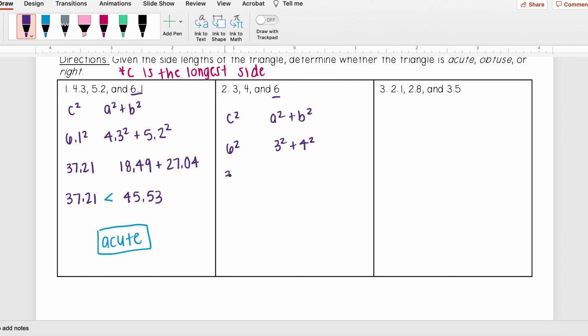Well, 6 squared I get 36, 3 squared I get 9, 4 squared I get 16, 9 plus 16 I get 25. So here I see that c squared is bigger than a squared plus b squared. And then from my theorem, when it's bigger, that means that it is an obtuse triangle.